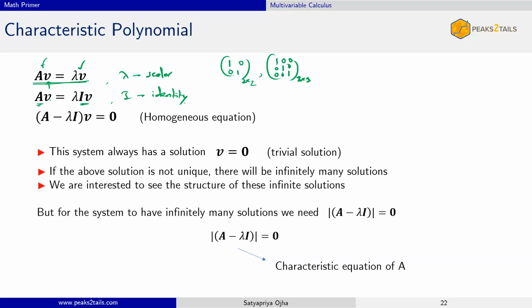So the same dimension I'll take for the identity square matrix. There's no issue writing V as IV, since multiplying by I does not change V. And take this one to the left-hand side. We get this equation.